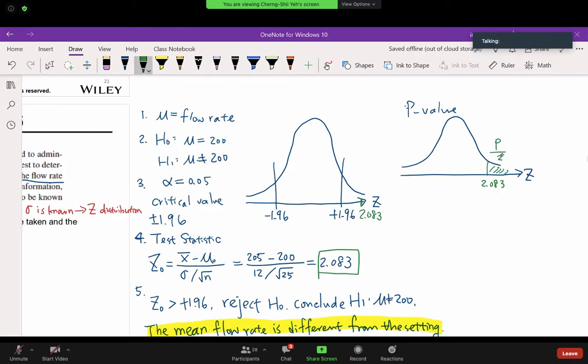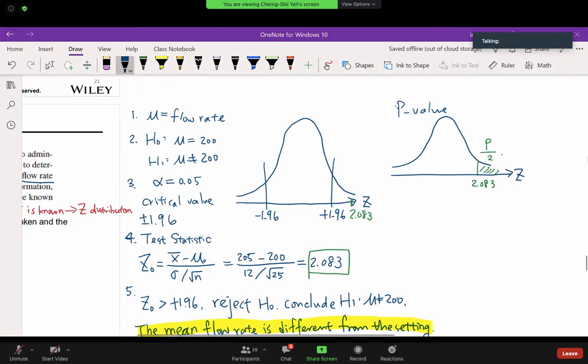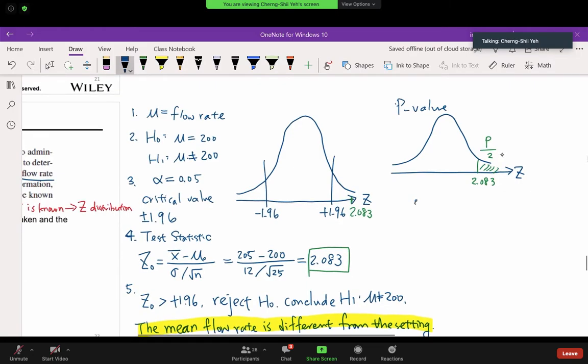Don't forget, this is a two-sided hypothesis testing. So my p over 2, so my p-value, let's go direct to p-value. My p-value is 2 times, okay, 1 subtract cumulative probability to 2.083.